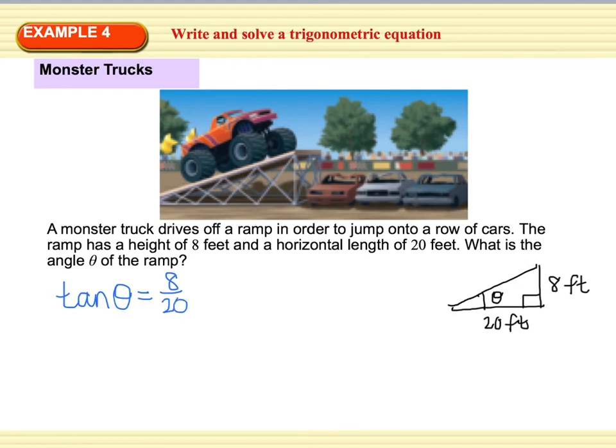And so now if I want to calculate theta, all I have to do is take the inverse tangent of 8/20 or 4/5, and when you type that in your calculator, you should get something around 21.8 degrees.